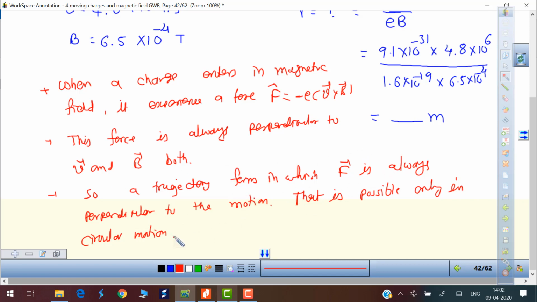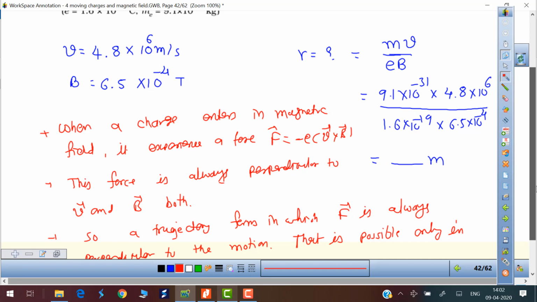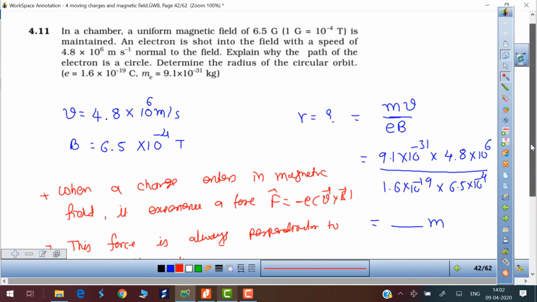I just write down whatever was explained during the discussion of motion of a charged particle. And now the radius, you know the formula mv upon qB, here Q is equal to e. We substitute all these values. m is the mass of the electron, v is the velocity of the electron, e is the charge of the electron, B is the magnetic field. 6.5 Gauss you convert into Tesla, the relation is also given.